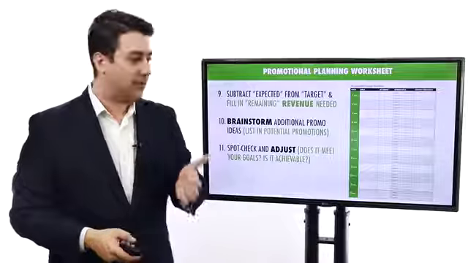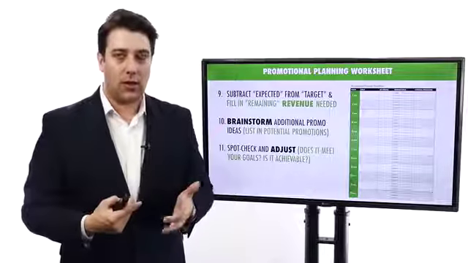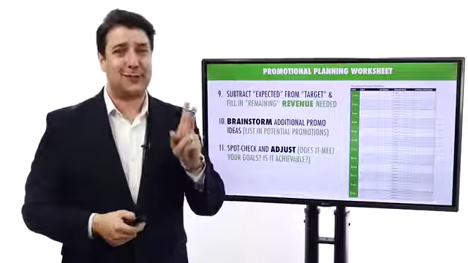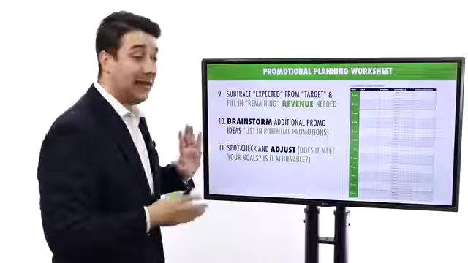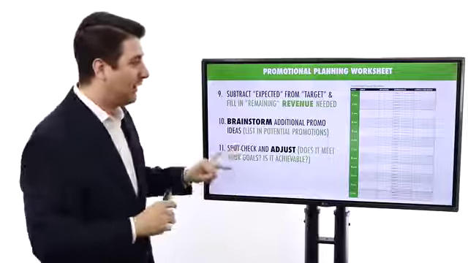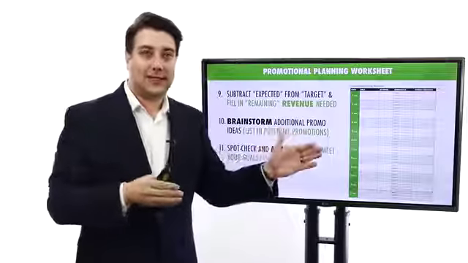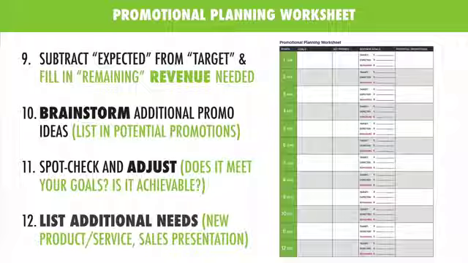So I urge you to fill this sheet out. This should take a long time because it's hard, but it should take a long time the first time you do it. The second time you do it, it should be so much easier. The third time, ideally, if you're doing a good job, you're filling in mostly set promos, and you're cherry picking the best emails and the best promos from the ones you sent last year to achieve your goals.